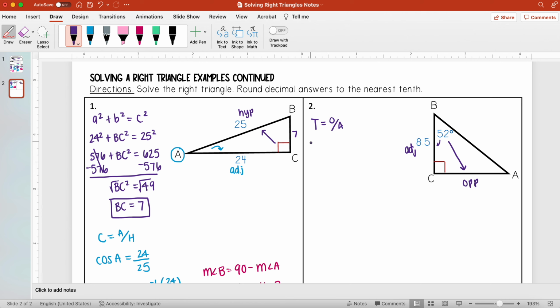And so I have that tangent of 52 is equal to my opposite, which is AC, over my adjacent, which is 8.5. And so I have, multiplying 8.5 on both sides, 8.5 times tangent of 52 is equal to AC.